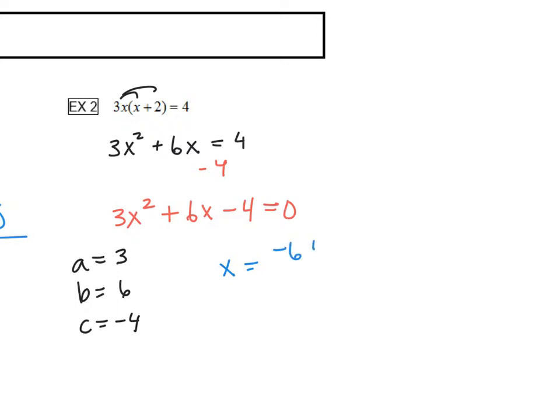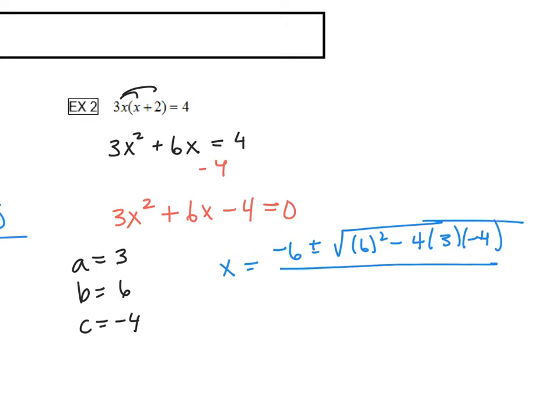X equals negative 6 plus or minus the square root of 6 squared minus 4ac all over 2a. Now again, I'm very specific with the parentheses I put in here, especially around this b value that we're squaring.